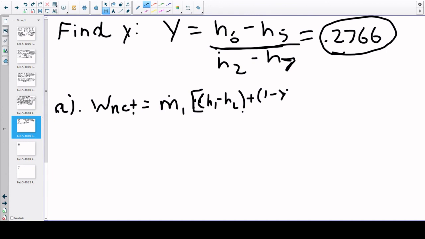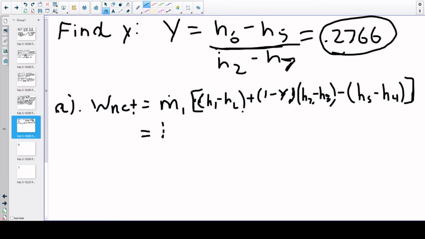That 1 minus Y denotes that we are accounting for the mass leaving the second stage of the turbine. And then subtracting the work of the pump, which is H5 minus H4. And this value ends up being 1.28 times 10 to the 5th kilowatts.